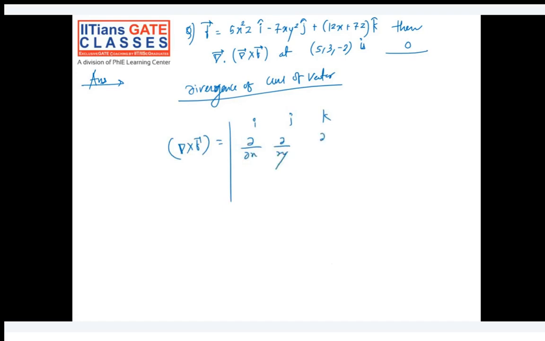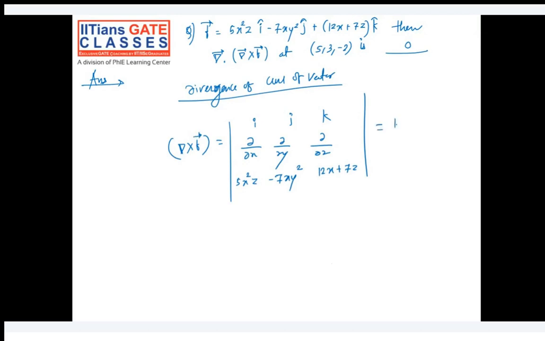Okay, take a determinant of it. So ultimately what you are going to get is 0i plus 12 minus 5x square j plus or minus 7 y square k. This is what you will get.